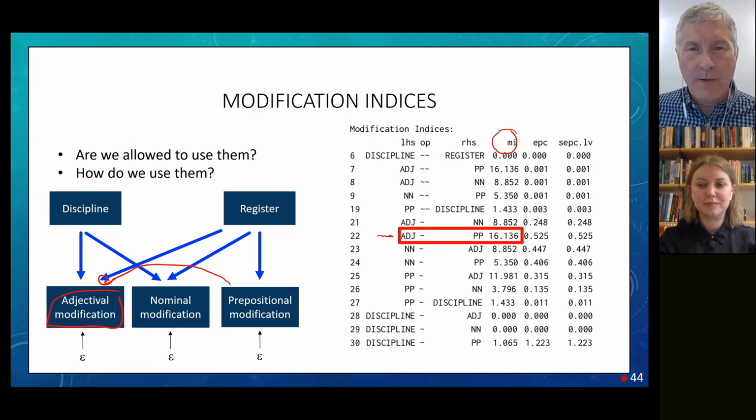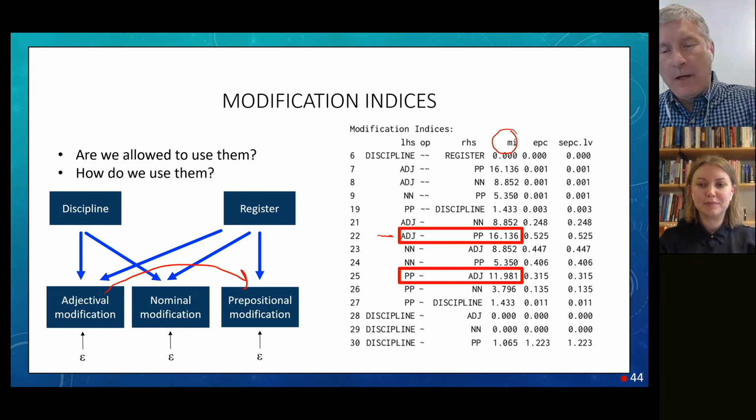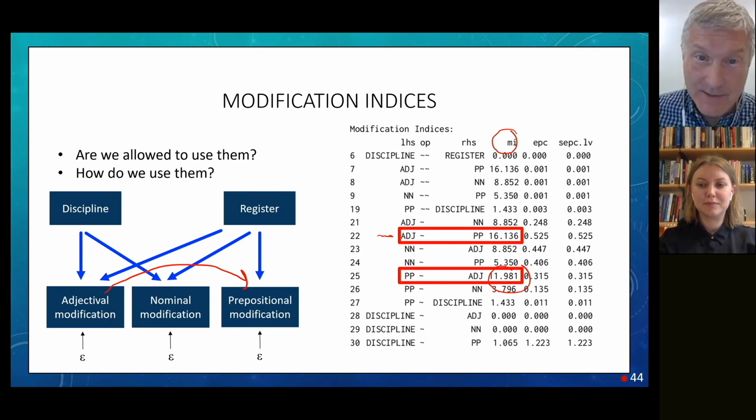The chi-square part of my brain goes, ooh, though it might not make any sense, but that part of the brain doesn't know that. It also says you could put a path to prepositional modification from adjectival modification, which is different directionally for sure, and it would be estimated that your chi-square would improve by about 12 units. That chi-square part of my brain doesn't light up quite as much as it did at the first one. Again, it might or might not make any sense.